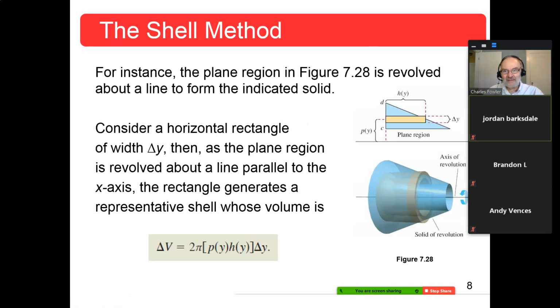Now, I bet we're out of time. Yes, we are. So, let's see where we're going to pick up next time. It says, for instance, let's see if I can find that. I can't. Okay.